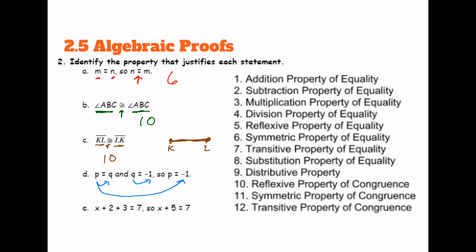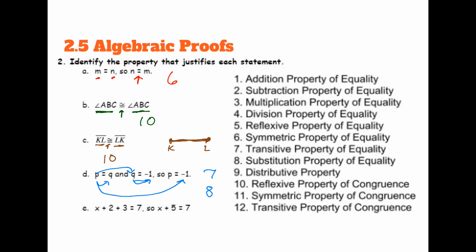So that's definitely transitive property of equality, but it's also a little bit of substitution here. So right, if I know P equals Q, and I know Q equals -1, then I can take P and plug it in for Q and get that answer. So substitution would be correct here as well. Either one of those would be good on a test that I would take.